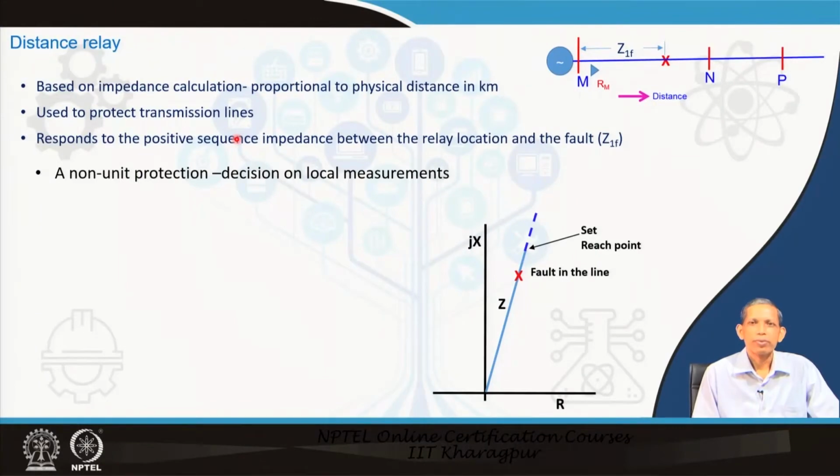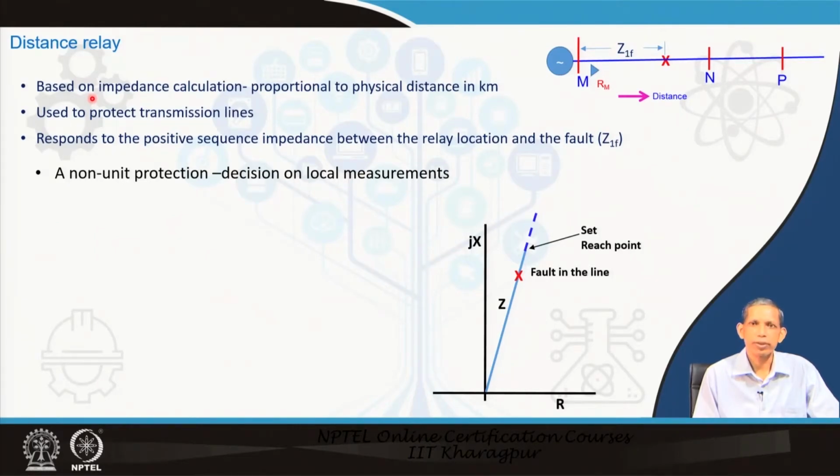Now, coming to the distance relay, what is it, and why is it so useful and so common in transmission network protection? Before going to that, we will go with the basics. We already mentioned that the distance relay is based on impedance, and we know that the transmission line R, L are proportional to the length of the line.